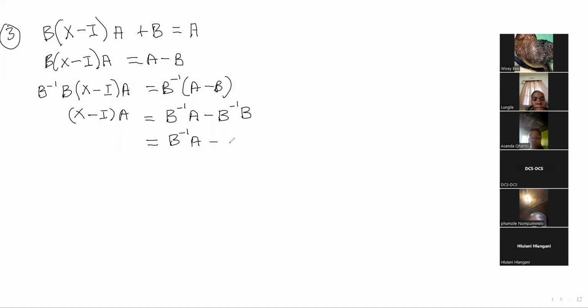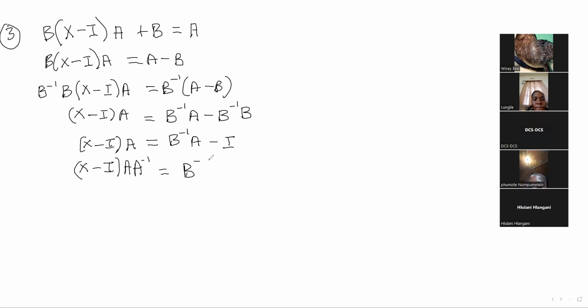And then this would be I, right? X minus A. So now I'm removing the A. The A minus, putting it on the right. Even this side, I would have to put it on the right. Because when you're dealing with matrices and you're trying to multiply, you need to take great care on where you're putting the matrix.